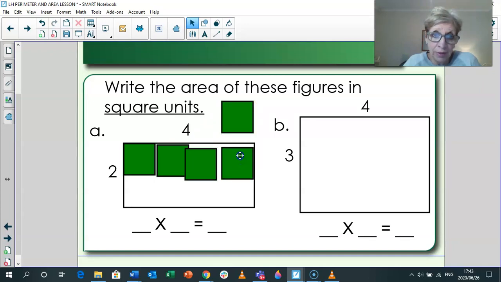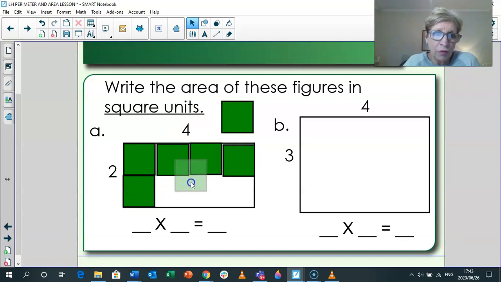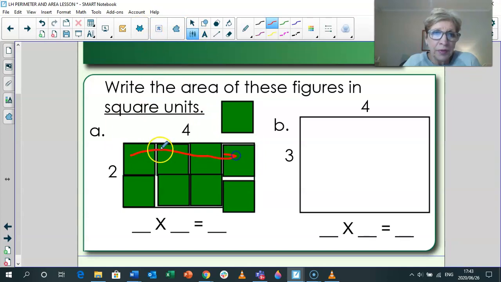Mrs. Harwin, you really need to neaten up your act. Okay, and then we go again, but it was 4. Right, so we have 4 square units along here, and we have 2 going downwards in our column.